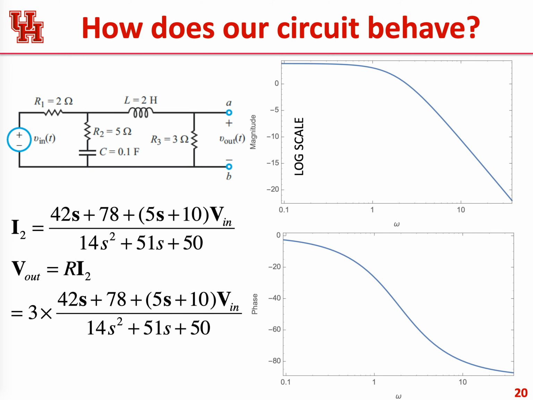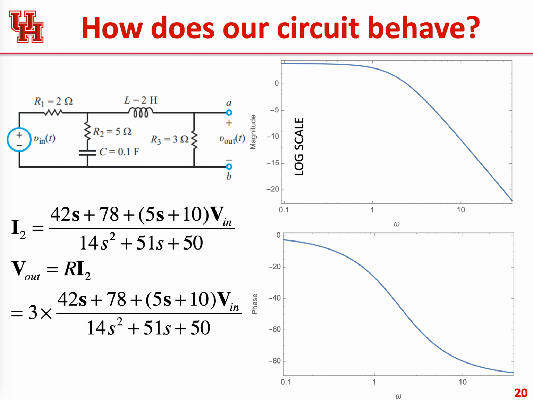By the way, before we get much further, it's helpful to think a little bit about what happens to the behavior of this circuit. In other words, what happens to V out as the frequency changes? So let's think that through.